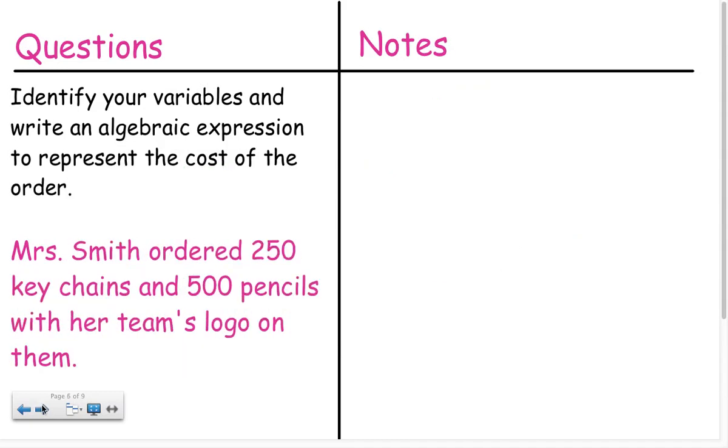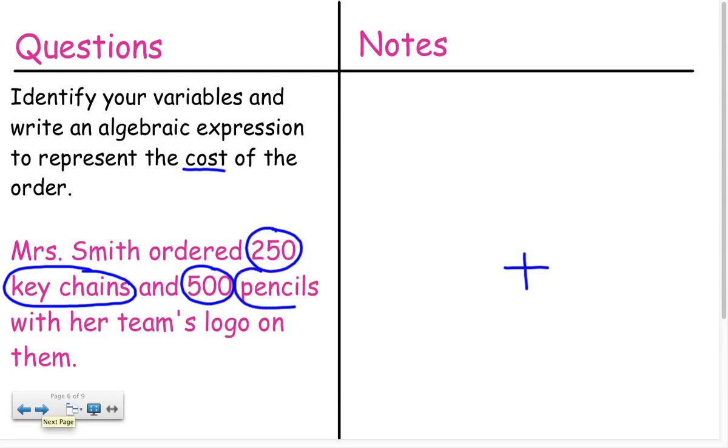If you had troubles with the last one, here's one more similar to it. Again, we're going to identify our variables and write an algebraic expression to represent, again, the cost. So we know cost, we're adding things up, we want a total, that's plus. So this time, Mrs. Smith ordered 250 keychains as well as 500 pencils.